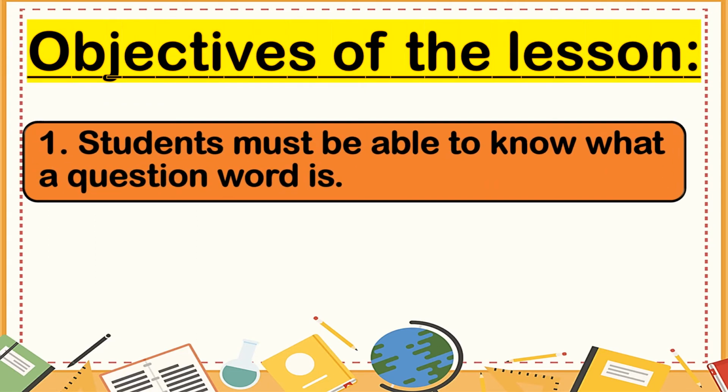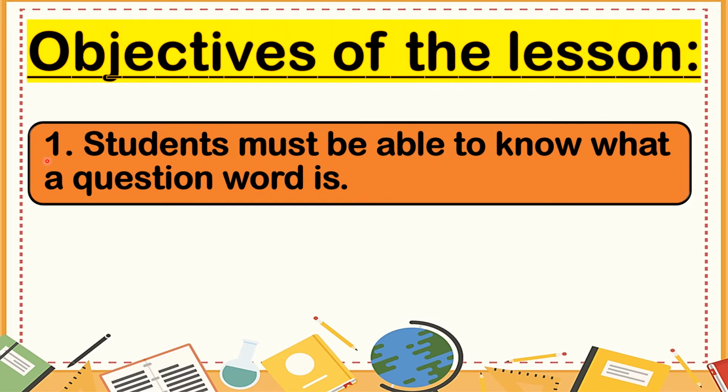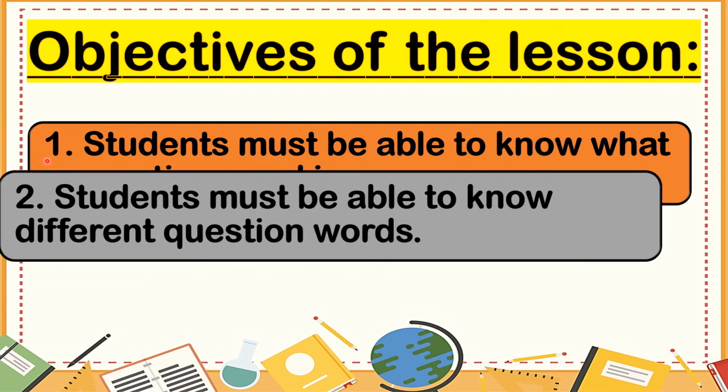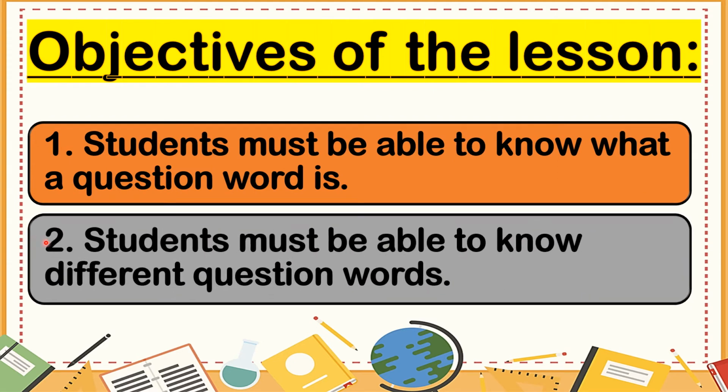First one is, students must be able to know what a question word is. And number 2, students must be able to know different question words. So class, in order for you to learn what a question word is and some examples of question words, please watch the entire video from the start to the end so you will know these things.